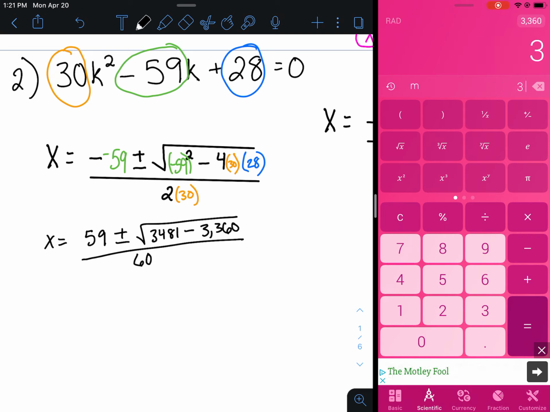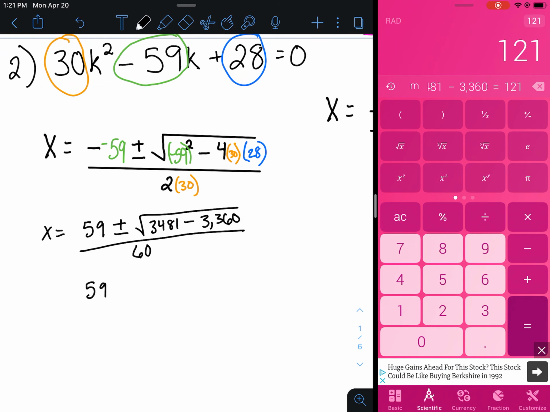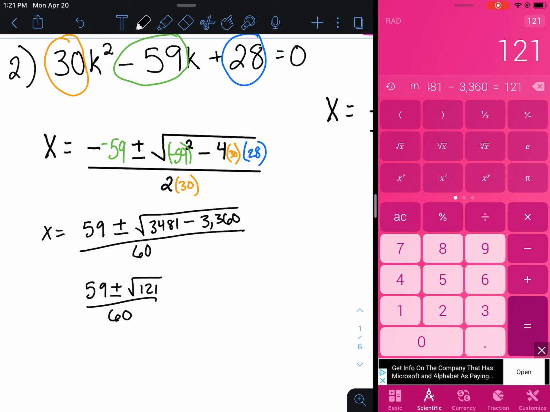60. All right, so following my order of operations, I'm going to take 3,481 and subtract 3,360, and I get a positive 121. So now I have 59 plus or minus the square root of 121 all over 60.